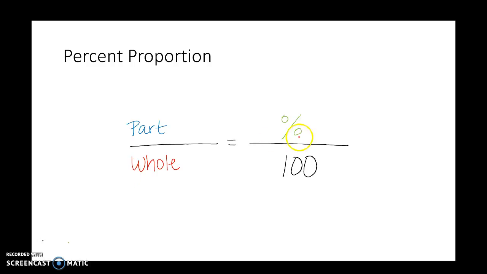What percent is that? So X would go here. So part over whole. Now, part is sometimes said in word problems as "is." So what is 20%? And then on the bottom is "of."